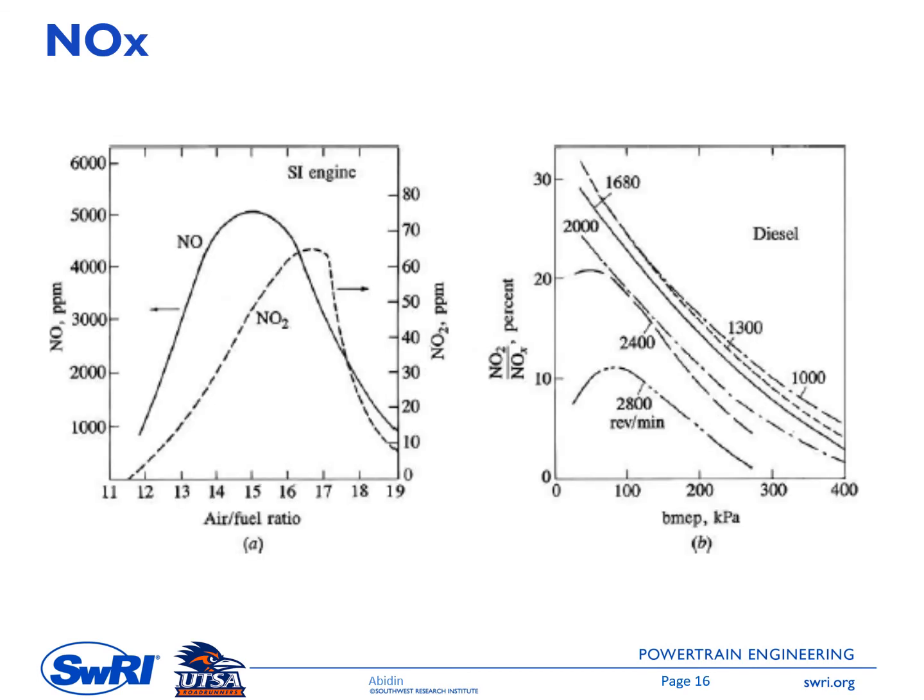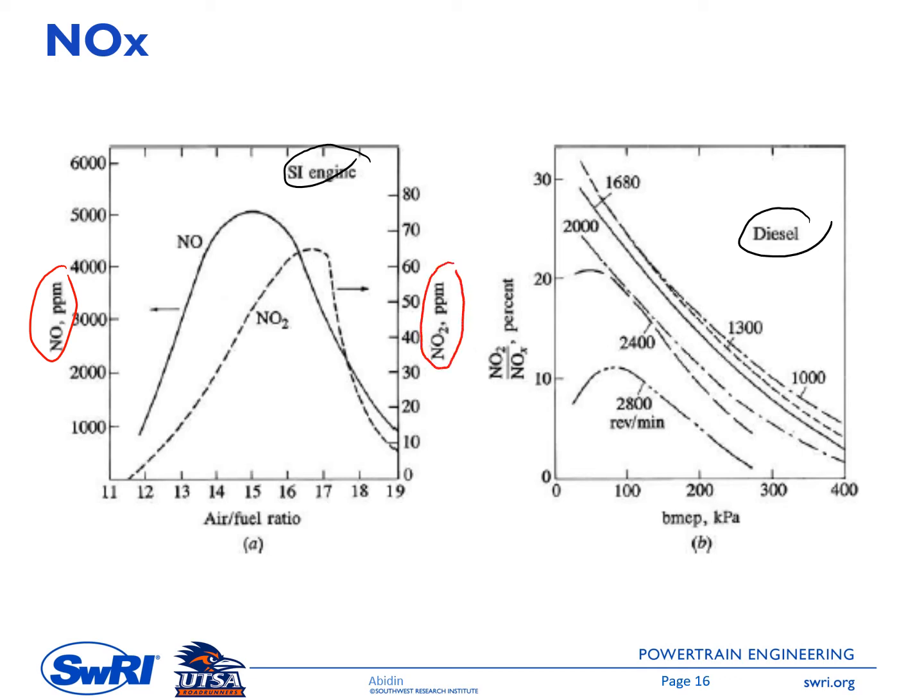This figure shows an example of NO and NO2 emission data from a spark ignition engine on the left side and a diesel engine on the right side. First, take a look at the left side. We have NO on the first vertical axis, and NO2 on the second vertical axis.